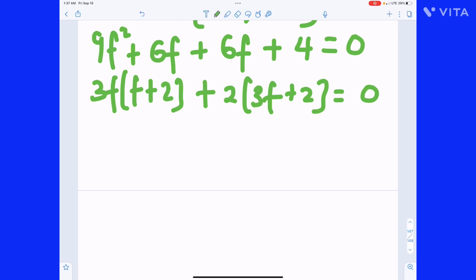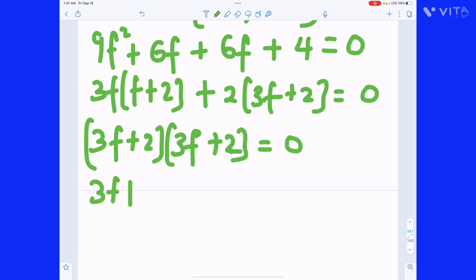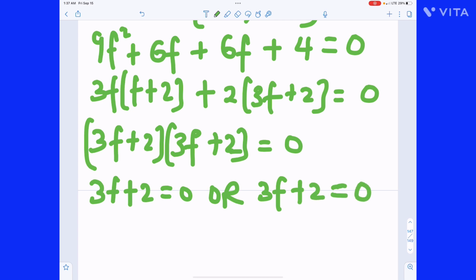So putting that together, I'll get 3f plus 2 times 3f plus 2 is 0. So 3f plus 2 is 0, or 3f plus 2 is 0.